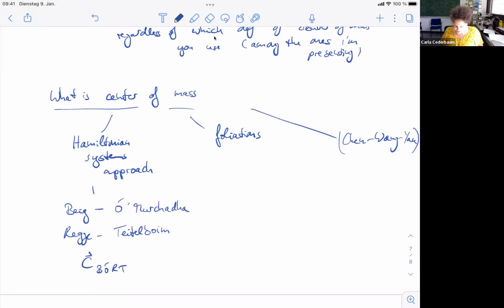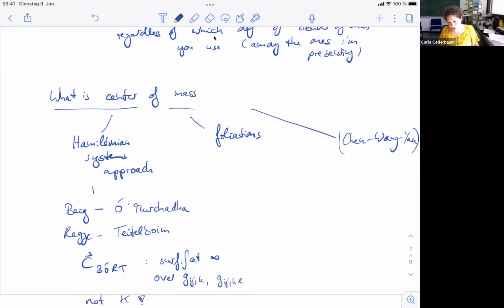The important thing I want to point out is that this is a surface integral at infinity over G_ij,k and G_ij,l. Before, we saw the mass, the energy, was a surface integral over first partial derivatives. Now the center of mass is an integral over first and second partial derivatives of the metric, and in particular not K. So the second fundamental form doesn't go in there.